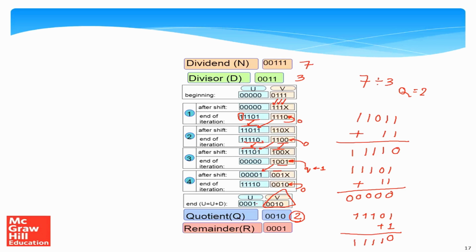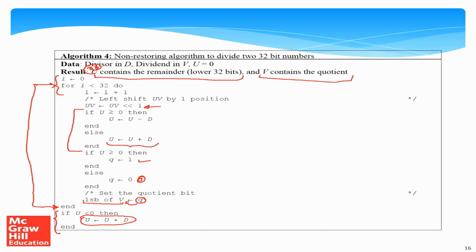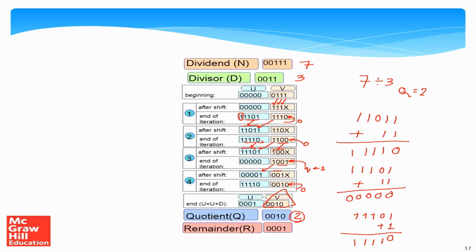However, we find that the register U, if you consider the last line, we have said if U is less than 0, then we add the divisor to U. In the last line here, register U is negative because the sign bit is 1. So we need to add U as U plus D. The way that we do it is we add 1110 plus the divisor.